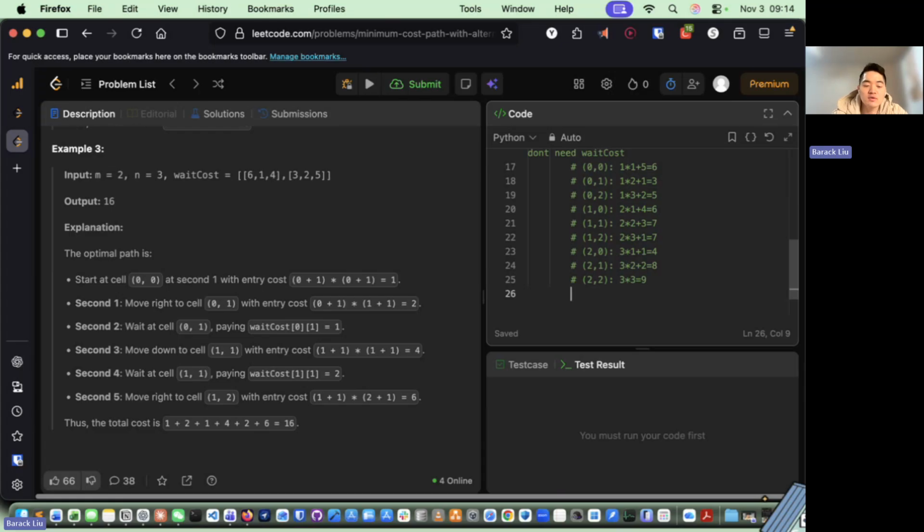Okay, and then we need to find the shortest path. How do we do that? We can maybe use dynamic programming to compute minimal path sum. Right? Is step 2.